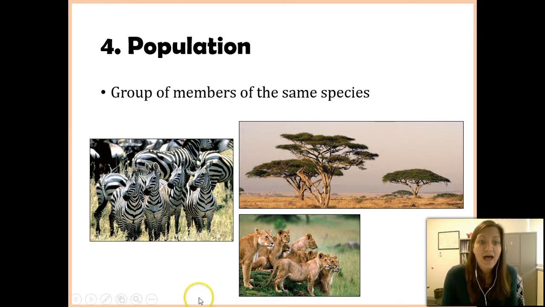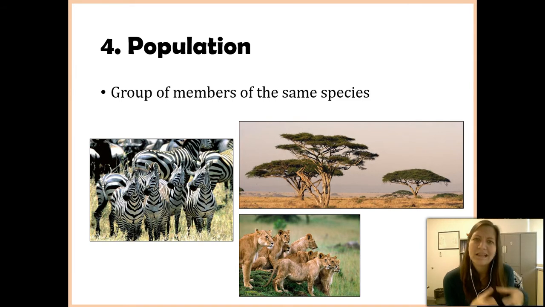So here I have a herd of zebras. Plants, again, part of a population. So here we have a population of trees, or here a population of lions. Now, someone who studies population biology is kind of interested in the dynamics within that population. For example, lions.